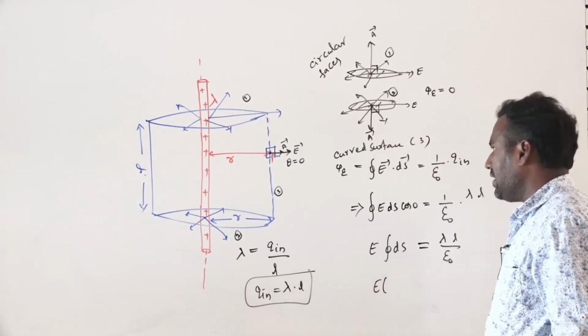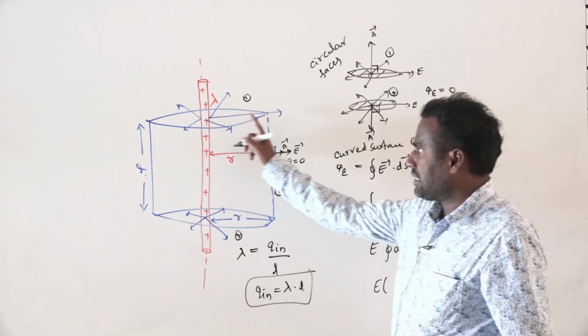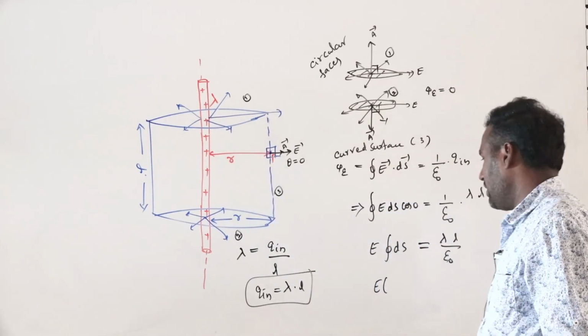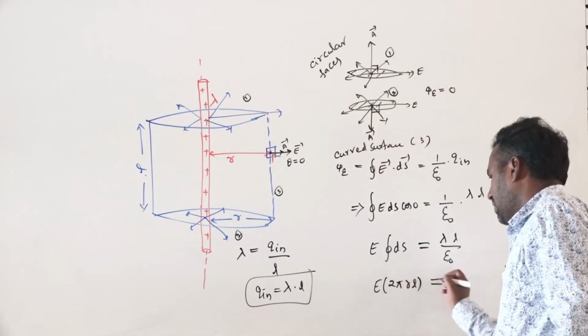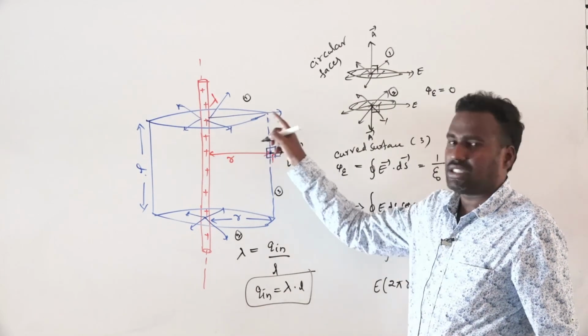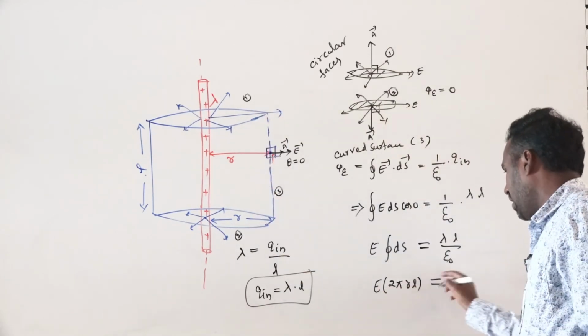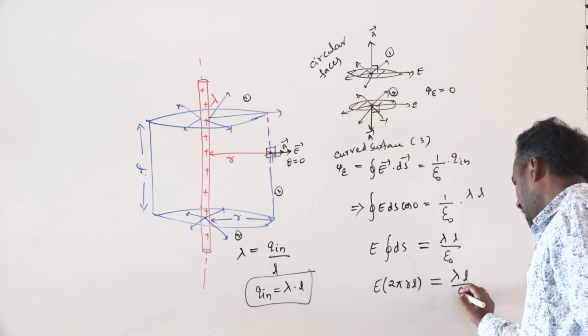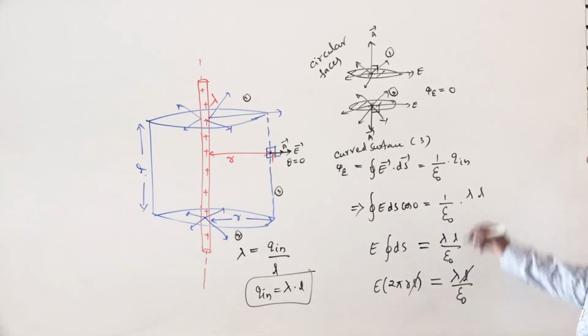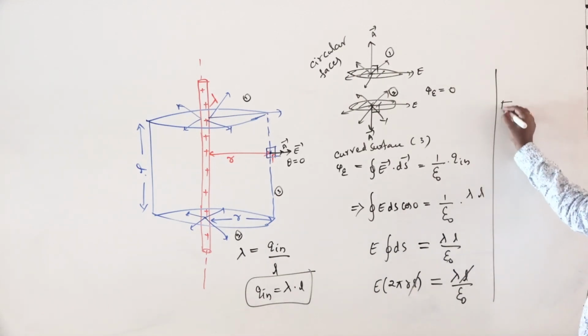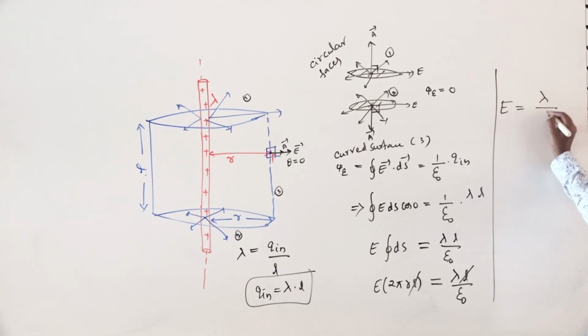Then electric field times the total surface area of this cylinder, 2 pi r L, the cylindrical Gaussian surface area, is equal to lambda L upon epsilon naught. L gets cancelled. Then the electric field intensity due to a line charge is lambda by 2 pi epsilon naught r.